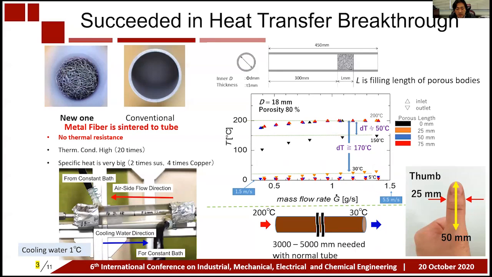In other words, we have succeeded in a breakthrough in heat transfer, where the heat transfer coefficient of the air side is greater than that of water forced convection. This topic was presented as a keynote speech last year.